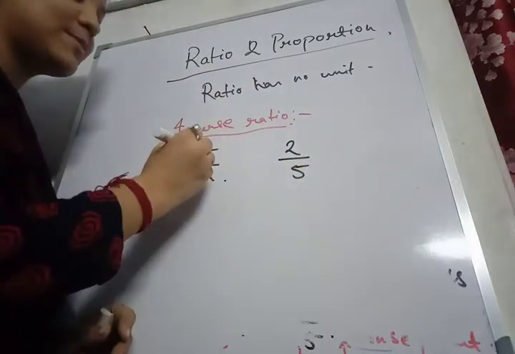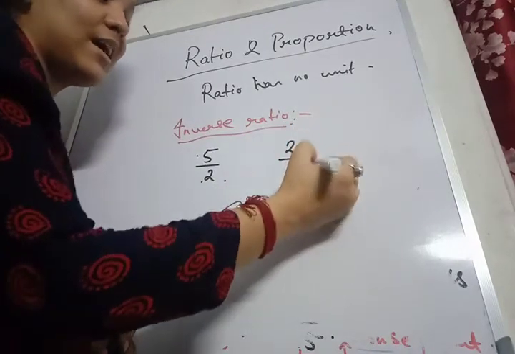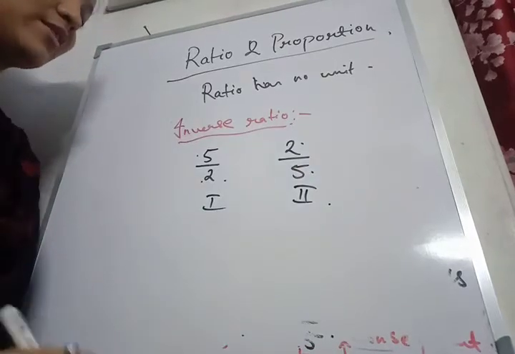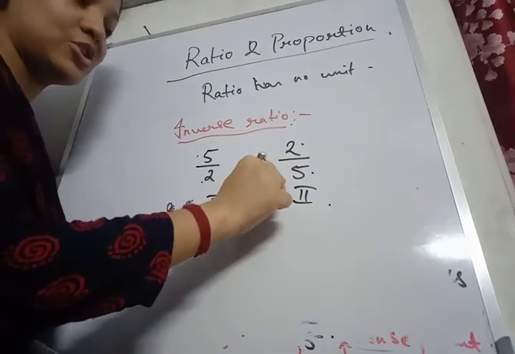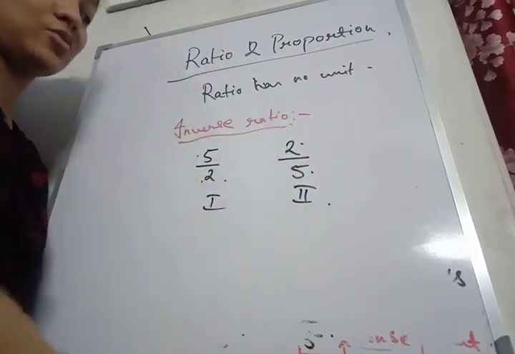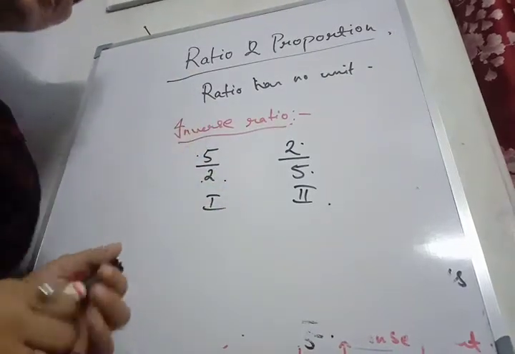Here this is my antecedent, this is my consequent, and here this is my antecedent, this is my consequent. So if this is ratio 1, this is ratio 2, what can we say? The antecedent of the first ratio is equal to the consequent of the second ratio, and the consequent of the first ratio is equal to the antecedent of the second ratio.